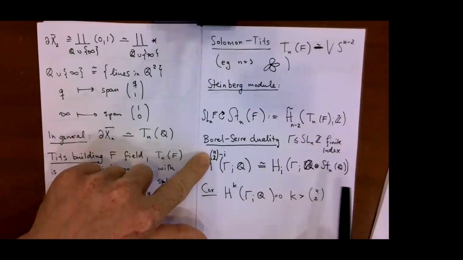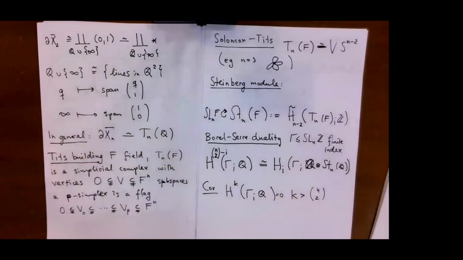As you said, for the symplectic group there is also a building made out of isotropic subspaces. And then you will also have such a Borel-Serre duality for those groups.